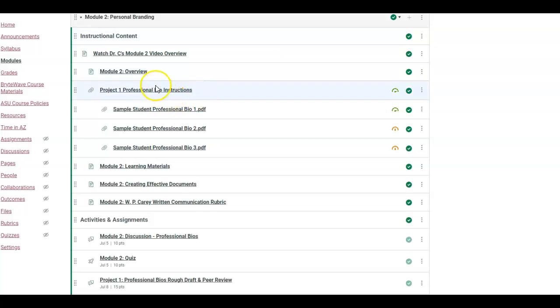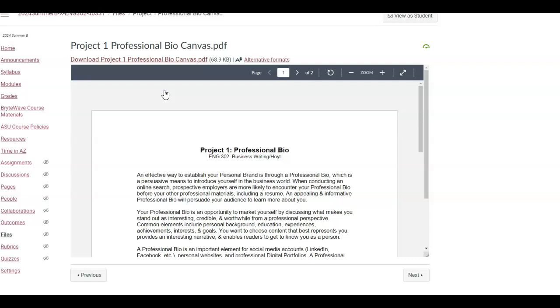So if we look here, there's fantastic reading on professional bios. I think some of the best sources are right here in the discussion, so make sure that you read that. But let's just look at the basic parameters of a professional bio, this assignment.